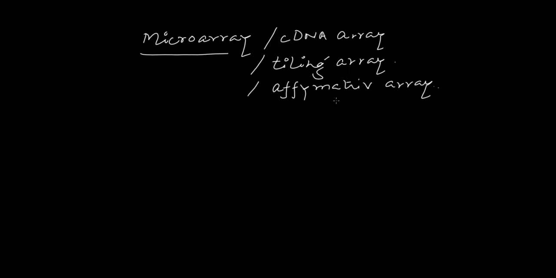What is this? Is it different from microarray? This is basically also known as probe array and so on. So don't get confused. These are different versions of basically the same technique. The principle behind all these techniques is the same.